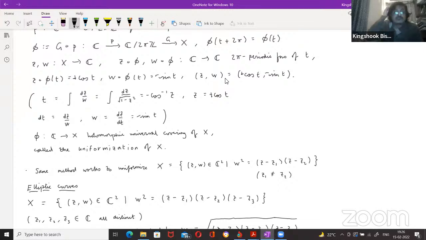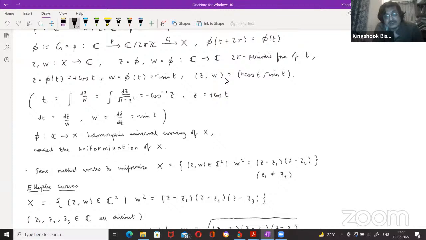So in this way, we found our uniformization of the circle by passing to complex coordinates, considering an abelian integral, and then inverting that abelian integral. The inverse of the abelian integral is a singly periodic function, which gives us our parametrization.